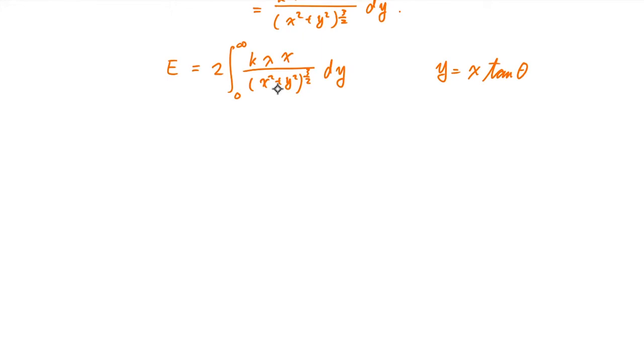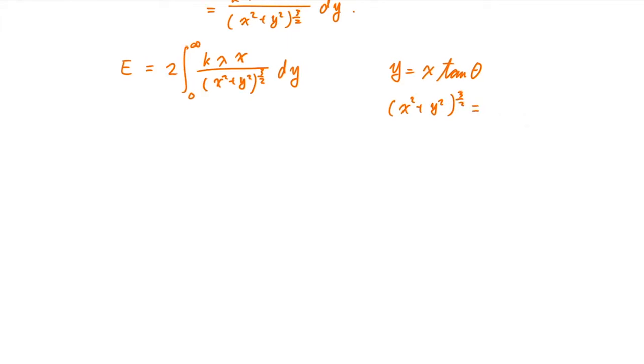That way, this expression, x squared plus y squared to the 3/2 power, I'll just work it out for the sake of people who are watching this video. So that is x squared plus x squared tangent squared theta to the 3/2 power. This is slightly confusing, so common factor x squared, right? And then you have x squared and then secant squared theta to the 3/2 power.